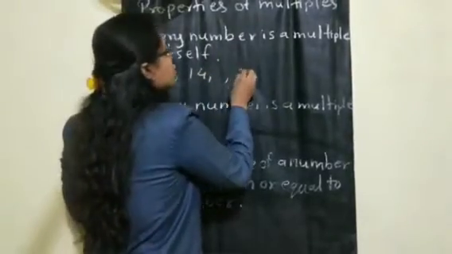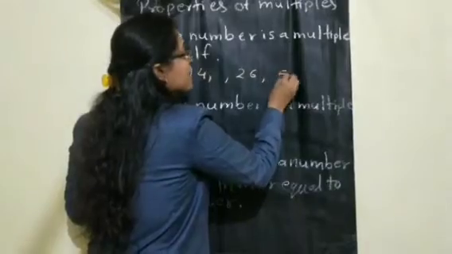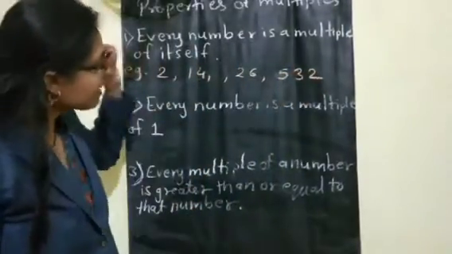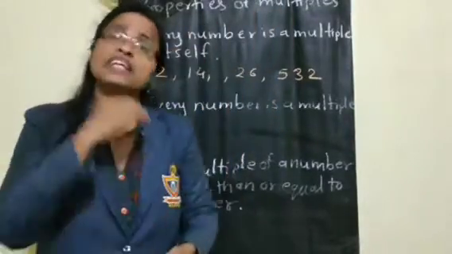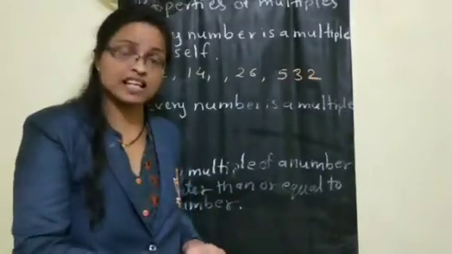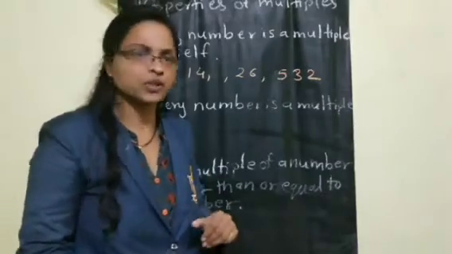If you take 26, 26 is a multiple of itself. If you take 532, it is a multiple of itself. It means every number from 2 to infinity is a multiple of itself, because after multiplying by 1 we get that number as the product.